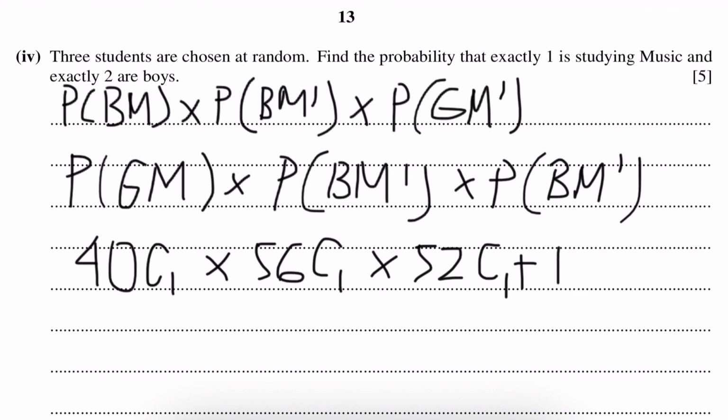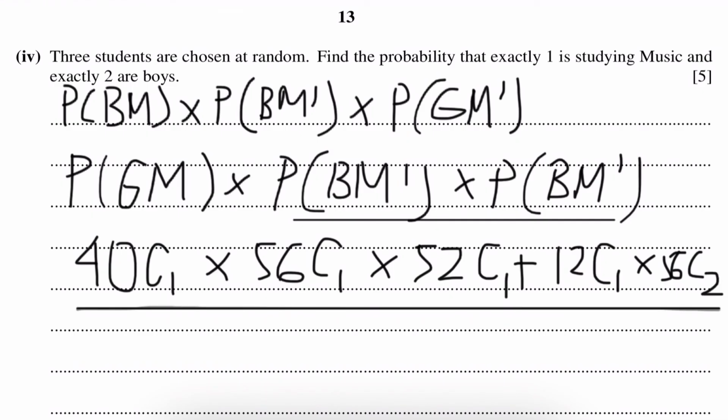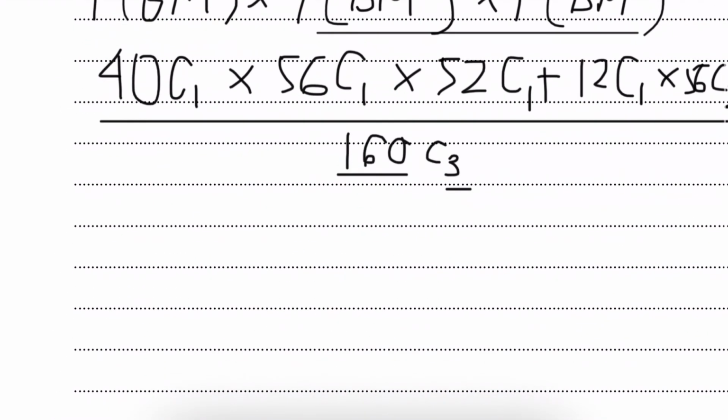I will choose 1. And since these two are the same, I will just write 56C2. And divide everything by 160C3 because I want to choose 3 students and there are 160 students in total. This will give you 0.201.